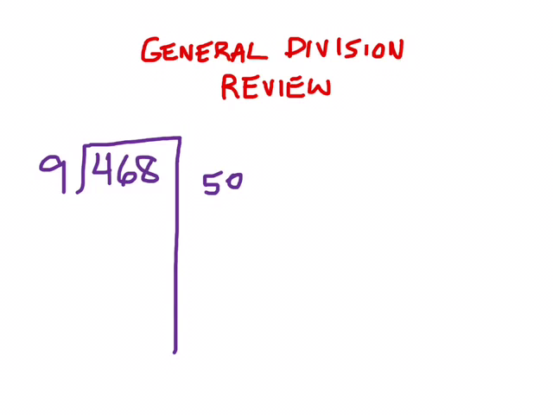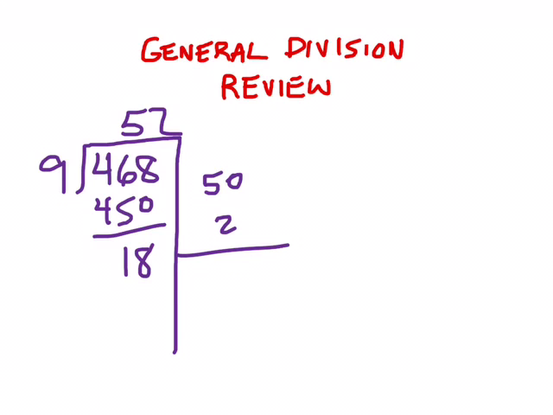And then you work your way through this, okay, 450, and then you see what's left over, and so, okay, I've got 18 left over, and now it's 2. And then you add these things up. 50 and 2 makes 52, so 9 goes into 468 52 times.